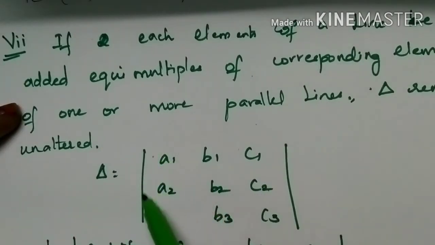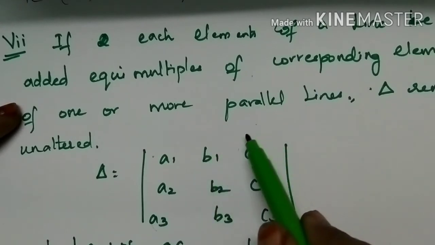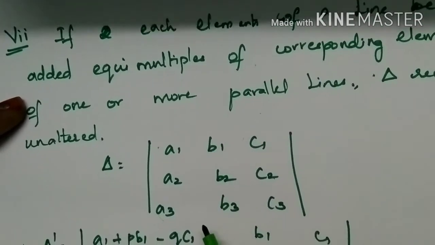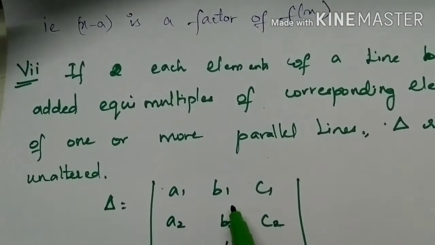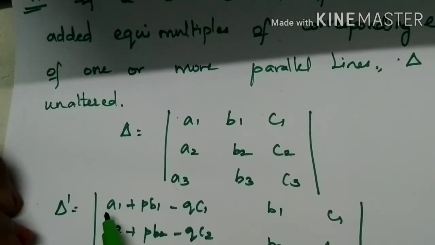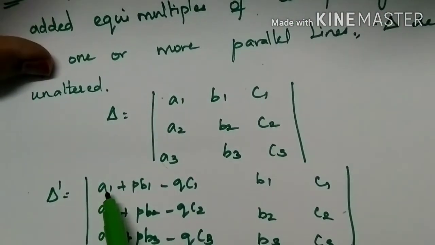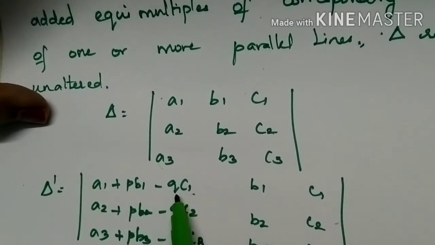Considering the first column, it has been added with equal multiples of the B1 and C1 columns. In this property, we can take either a row or a column. It can be added with equal multiples of a row or of a column, it's up to you. Here I am taking the first column added with equal multiples of column 2, and equal multiples of column 3 subtracted.